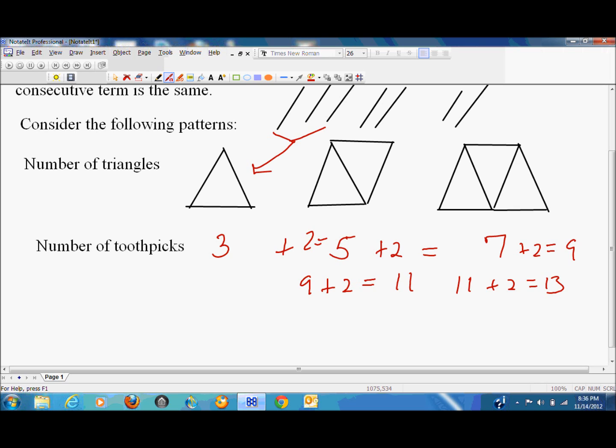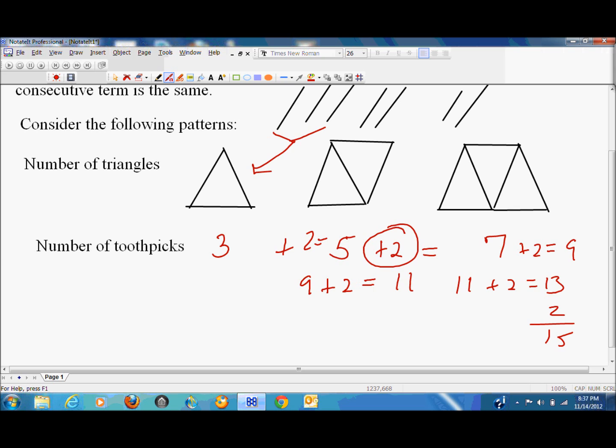And how many toothpicks will you need for 7? For each additional triangle, we need 2 toothpicks. And if we wanted to see how much we would need for 7 triangles, all we need to do is add 2 to 13, because that is the 6 triangles, and that would give us 15.